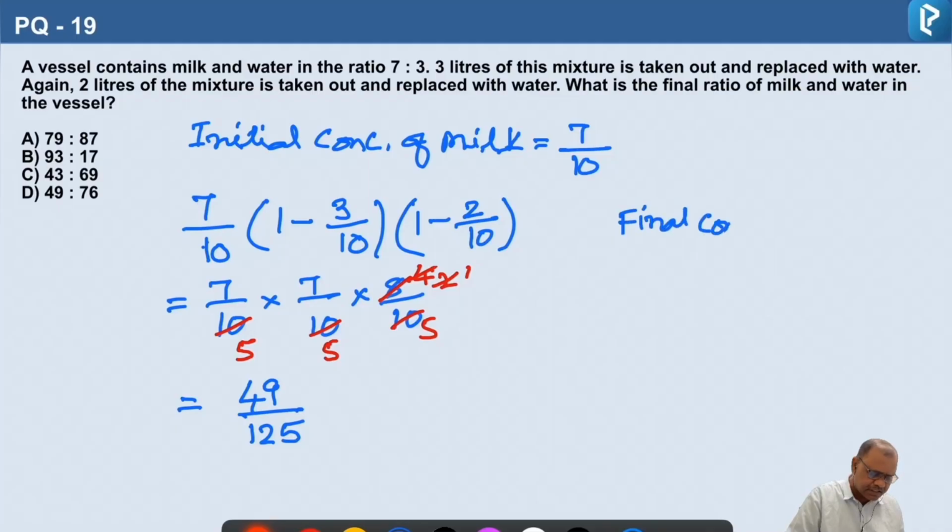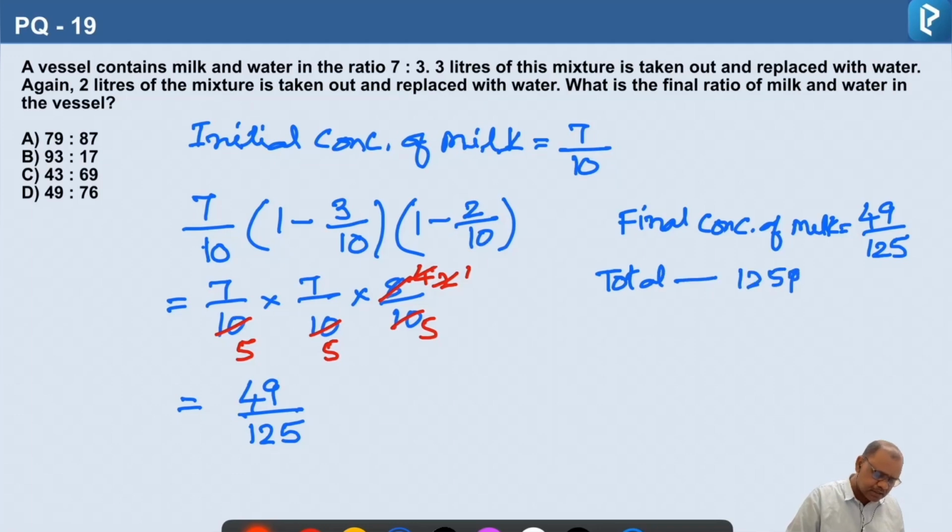Final concentration of milk is 49 by 125. So that means milk is 49 parts, total 125 parts.